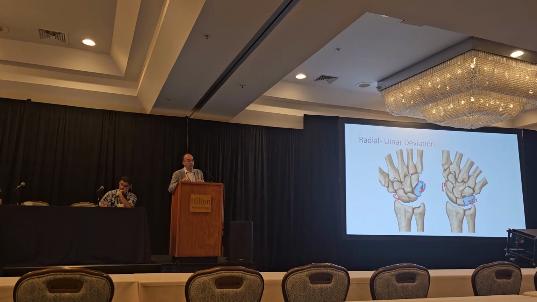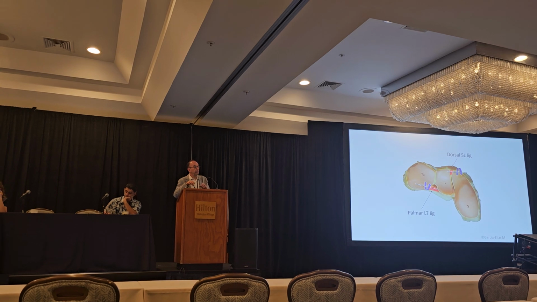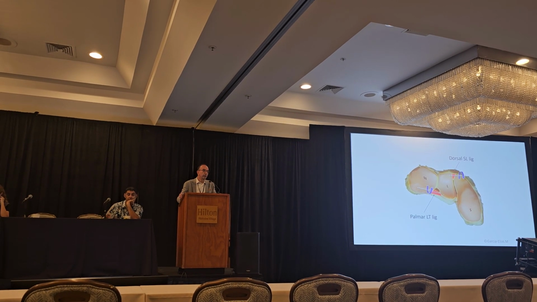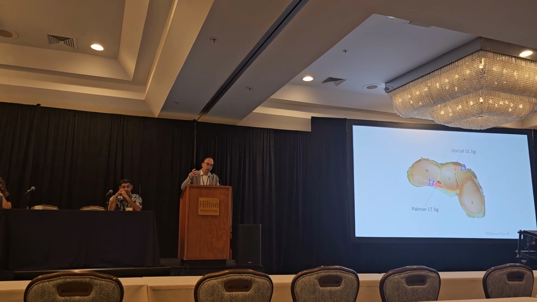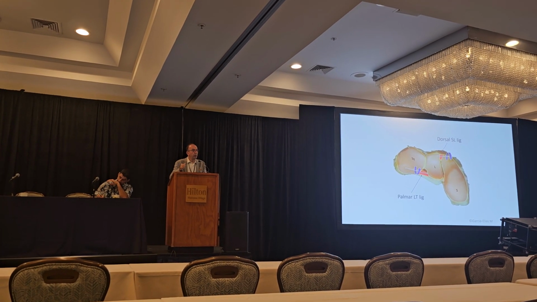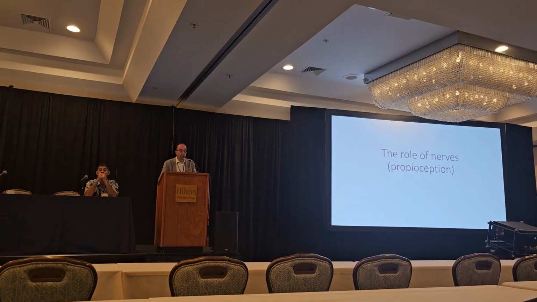That means that when the scaphoid flexes, the triquetrum extends, and this is because the strongest part of the scapholunate ligament is dorsal, and the strongest part of the lunotriquetral ligament is palmar.